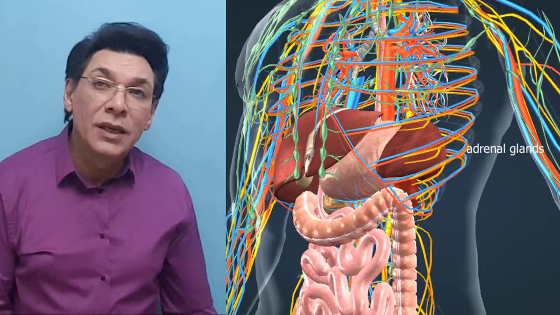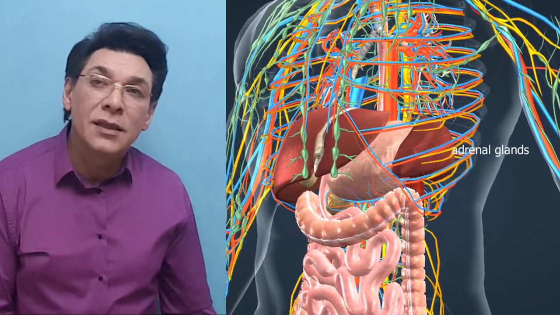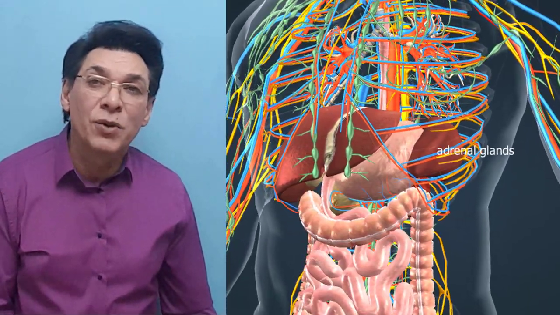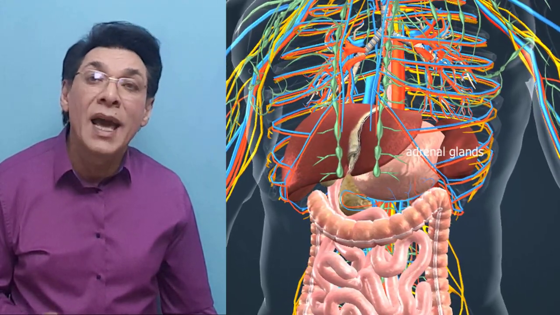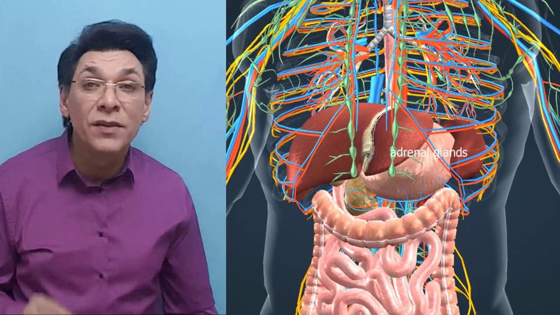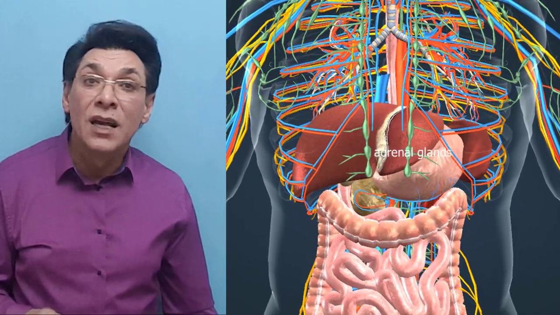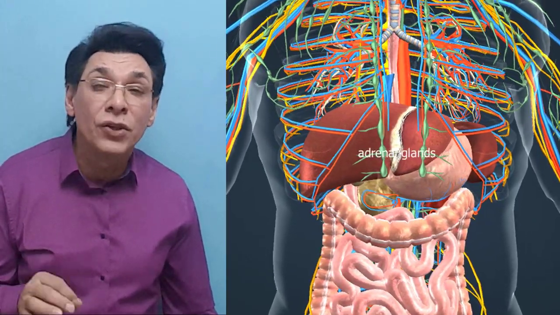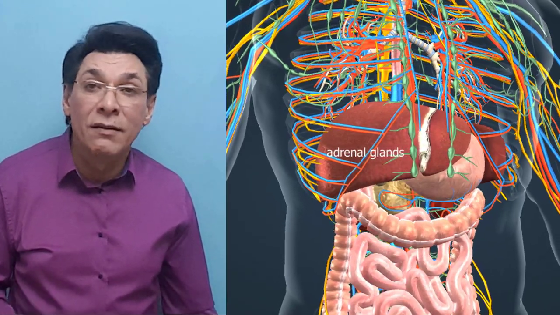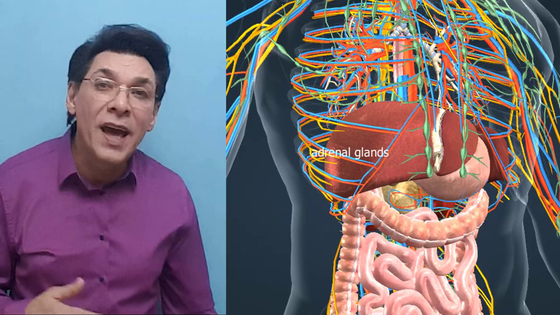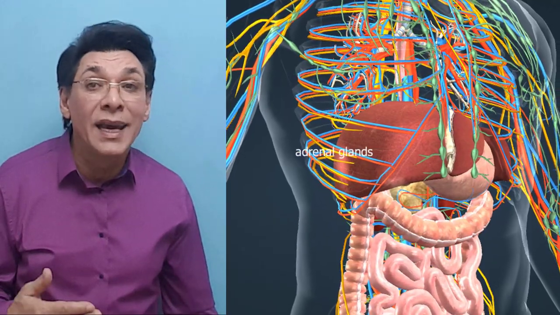Our next topic is adrenal glands. Adrenal glands produce hormones that adjust metabolic activities at specific sites, affecting the pattern of nutrient use, the balance of mineral ion levels, or the rate of energy consumption by active tissue.